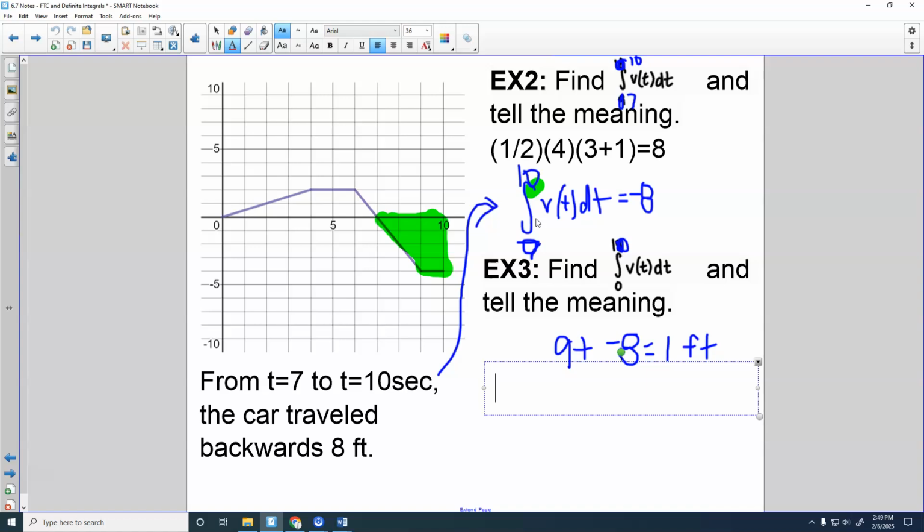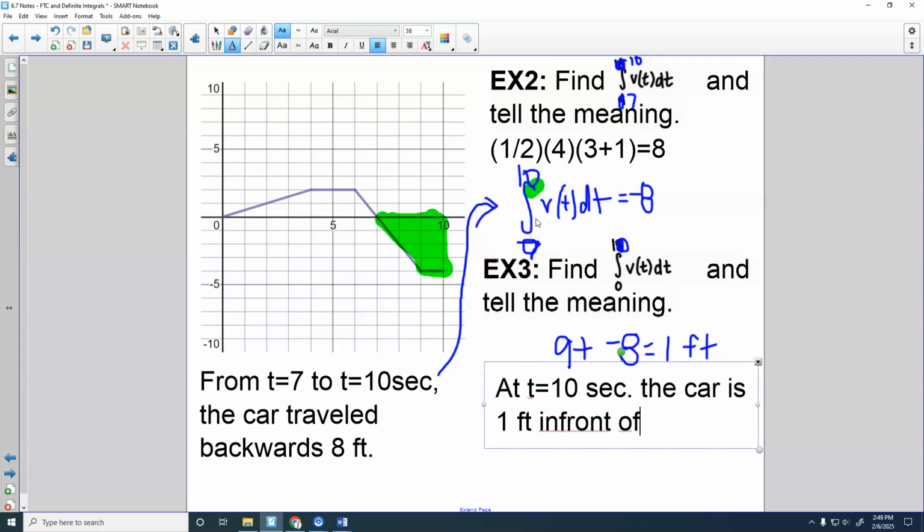So this would tell you that at t equals 10 seconds, the car is 1 foot in front of where it started at t equals 0 seconds. Since it's positive, it's going to be in front of where it started. If it was negative, then we'd get that it's behind where it started.